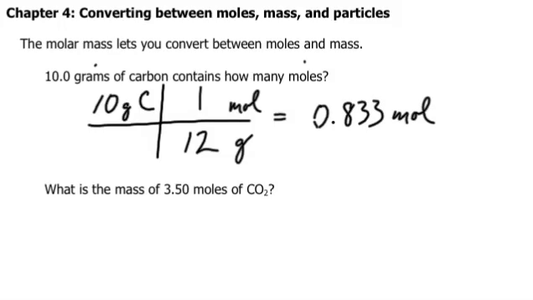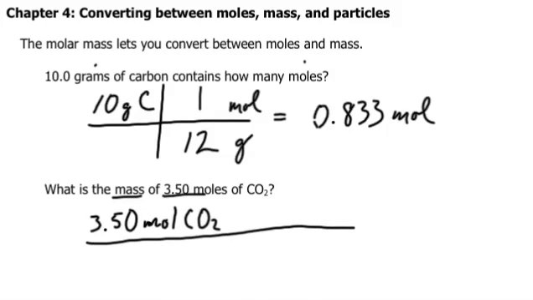Now we're going to go the other way. We're going to start with moles, 3.5 moles of CO2, and we want to get to the mass. So again, fence posting, 3.5 moles of CO2, and you look up on the periodic table, carbon is 12, each oxygen is 16, and that's a total of 44 grams per mole.